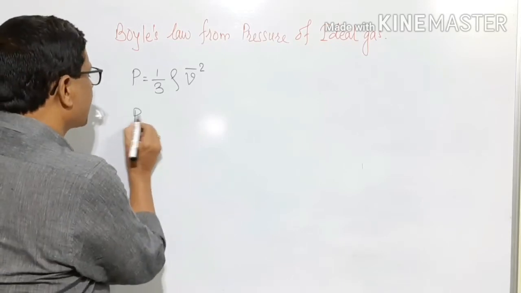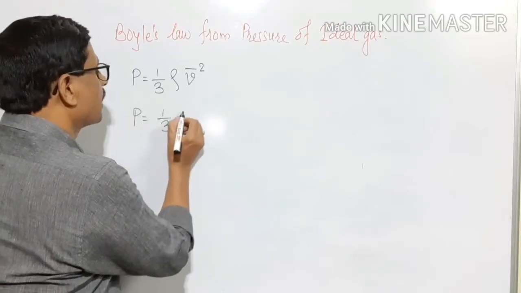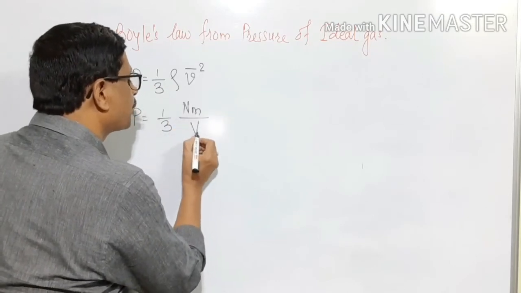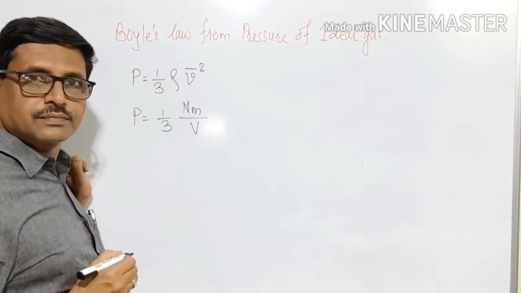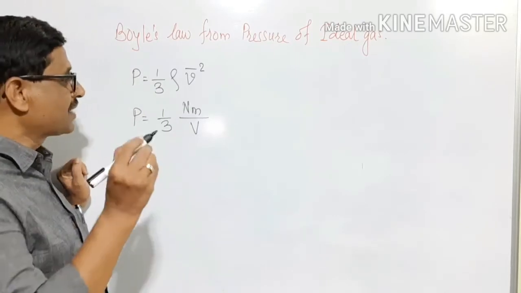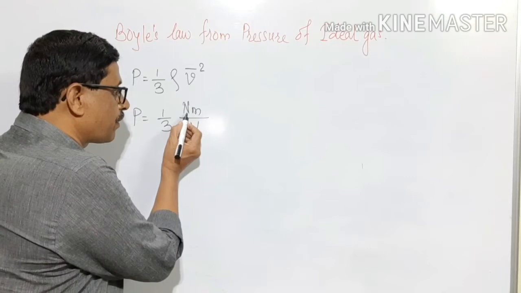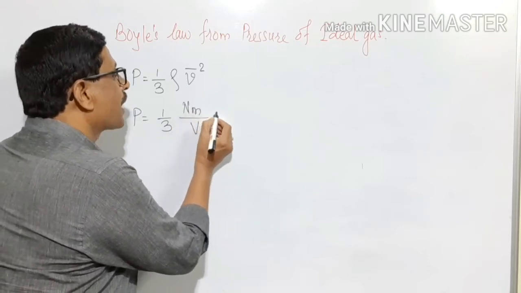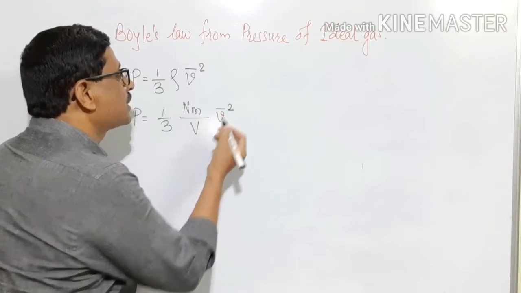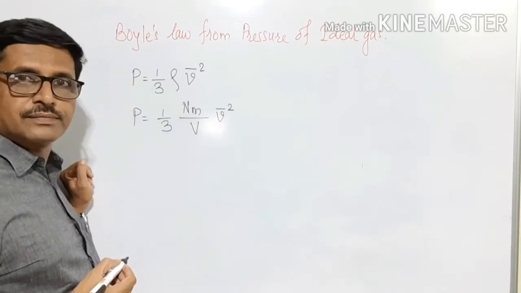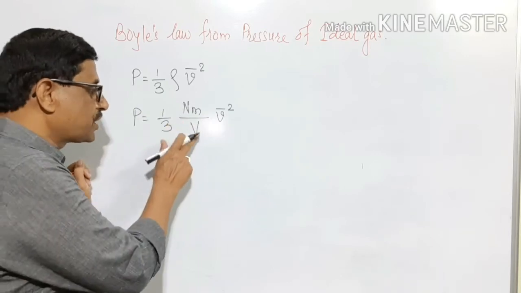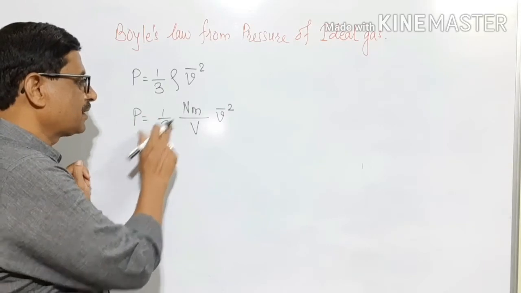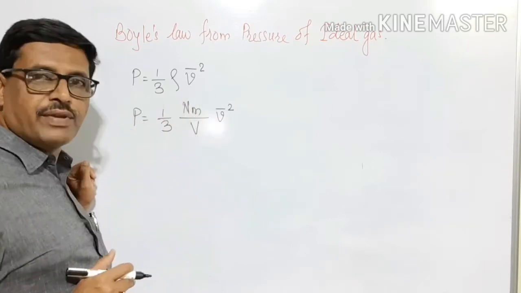The density of the gas is the mass of the gas per unit volume. If a given sample of a gas consists of N number of molecules, with each molecule having mass small m and mean square velocity V bar square, and the gas is enclosed in a volume V, then the pressure P is 1 by 3 Nm by V into V bar square.